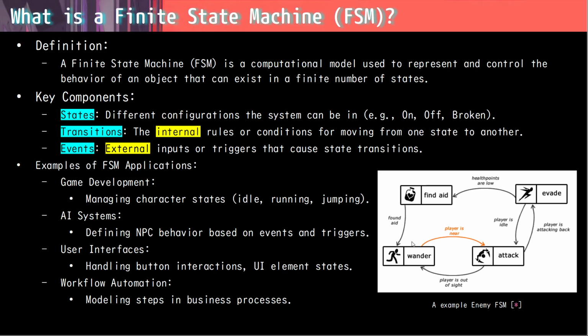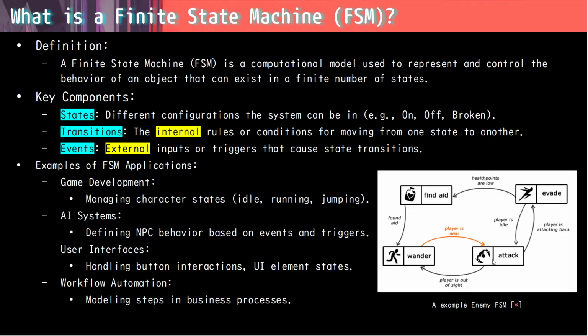When the enemy is wandering and the player is very near to the enemy, then the enemy will switch his mind into attack mode. Is it reasonable for you? I think this is compatible with most of your gaming experience. When the enemy is sitting over there and you're going toward him, the closer you are, the higher the possibility that the enemy stands up and fights back with you. This is the sense we had during our gaming experience.